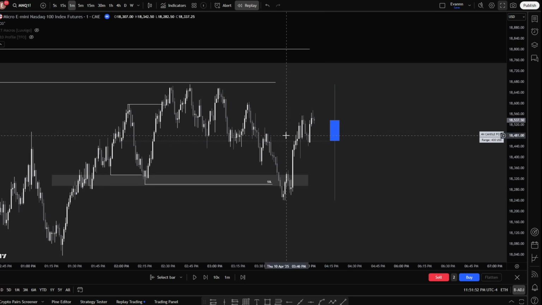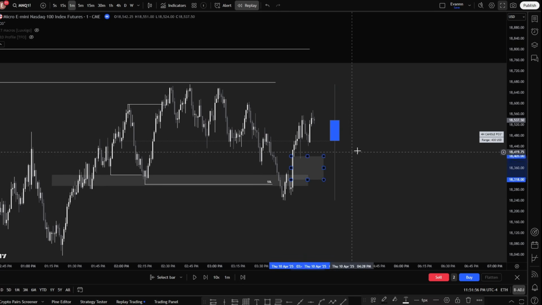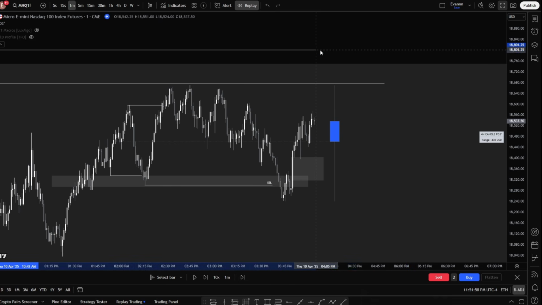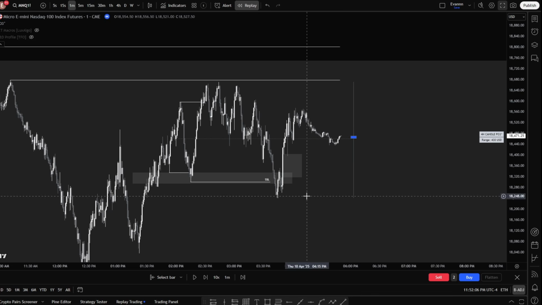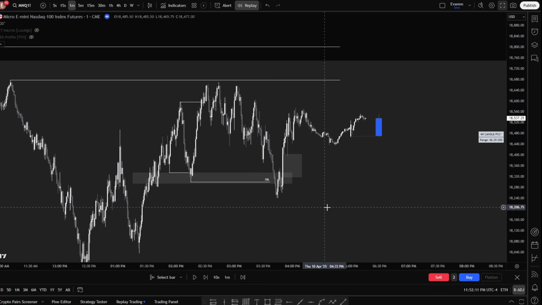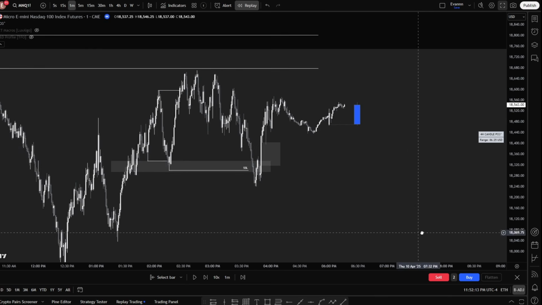Putting that low, manipulating higher, tapping this for value gap. And then eventually that was market close.